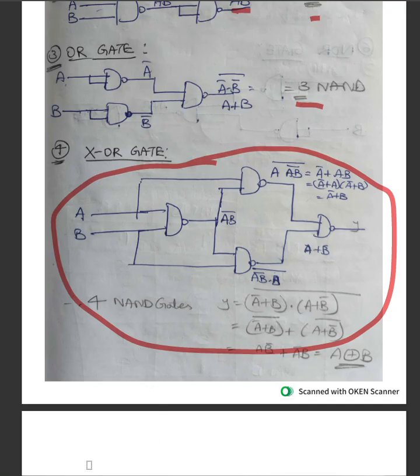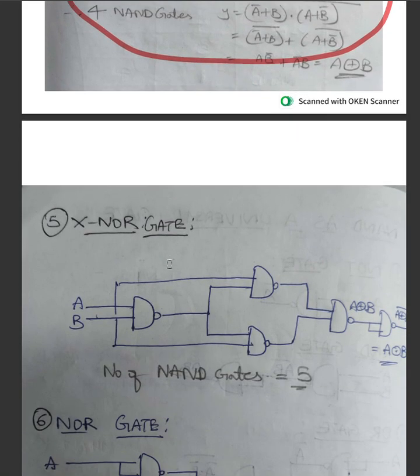So here it is four NAND gates. Then for XNOR, it is the same as XOR till this part. From here on out, just this extra gate is there, and that extra gate consumes another NAND.